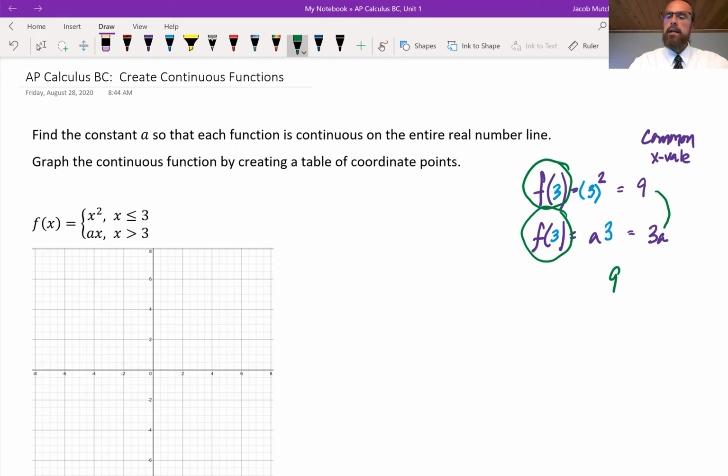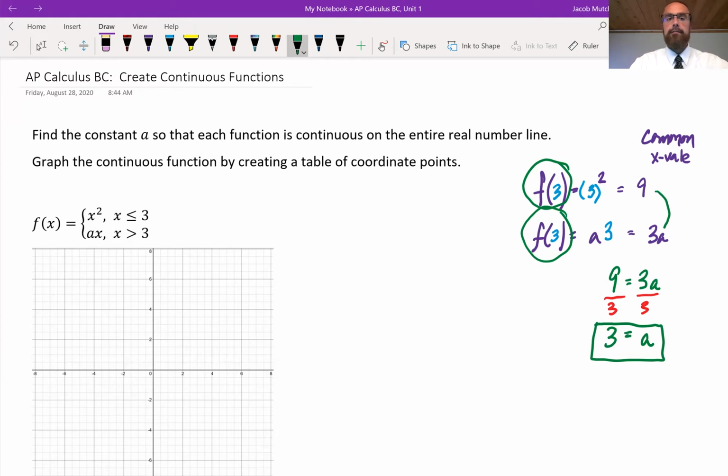So I'm going to say that 9 equals 3a. And then I want to solve, so I'm going to divide both sides by 3. And we get a equals 9 divided by 3, or 3. So I'm going to box that because that really is that first task.